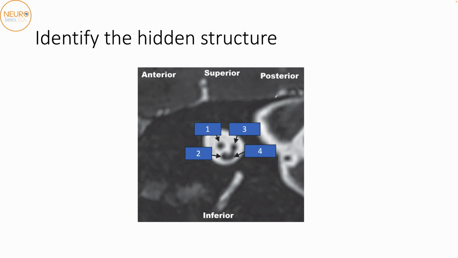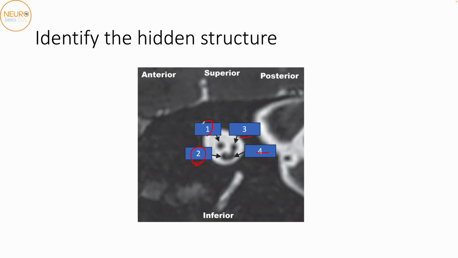This is a cut section through the level of the internal acoustic canal that we've discussed quite recently. We will try and label what is number 2. This entire thing, 3, 4, and 2, are all 8th nerve.